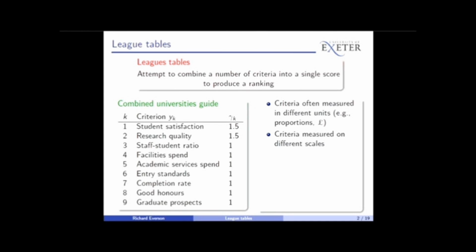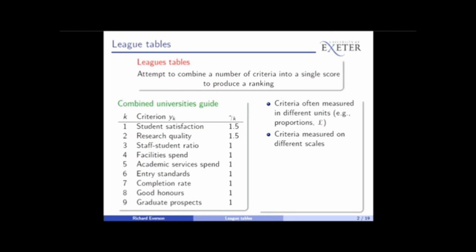And briefly, the first worry is that these criteria are measured in different scales, different units even. Several of them are proportions, but some of them are just pounds, how much money you spend. So how, of course, do you combine those? And then they're measured in different scales, some unbounded, some between 0 and 1, and so on.